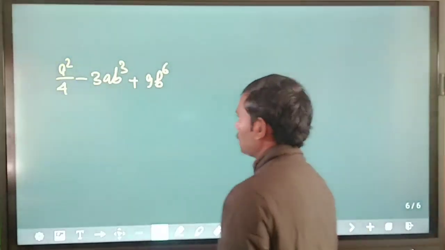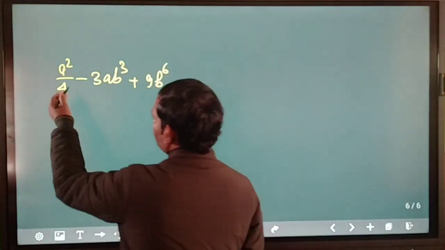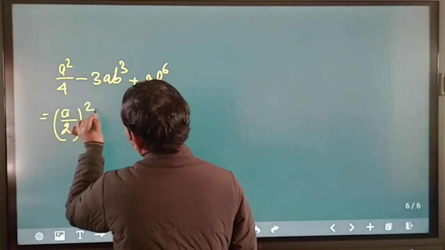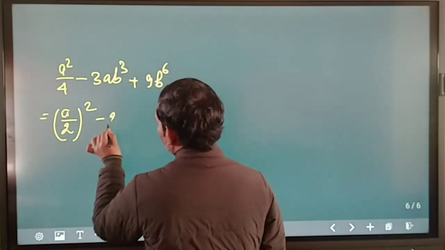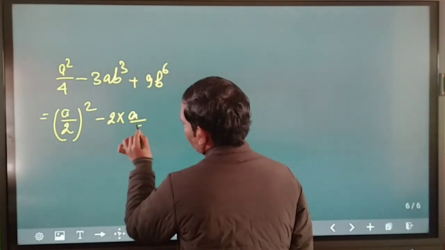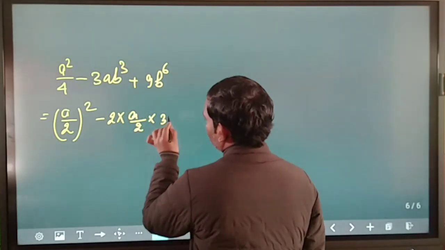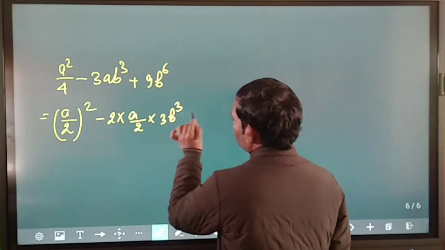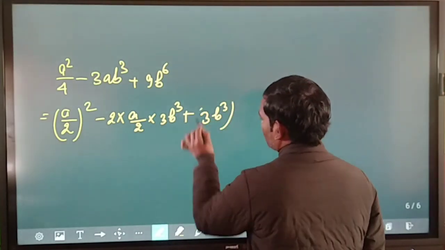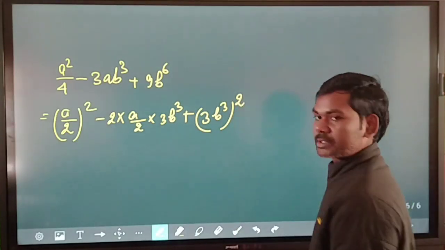So students, we can write it as (a upon 2) whole square minus 2 into (a by 2) into 3b cube plus (3b cube) whole square. Is that clear?